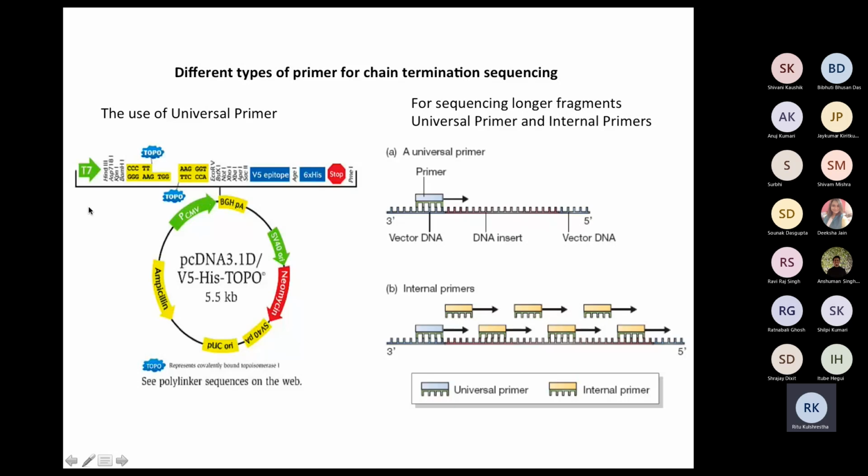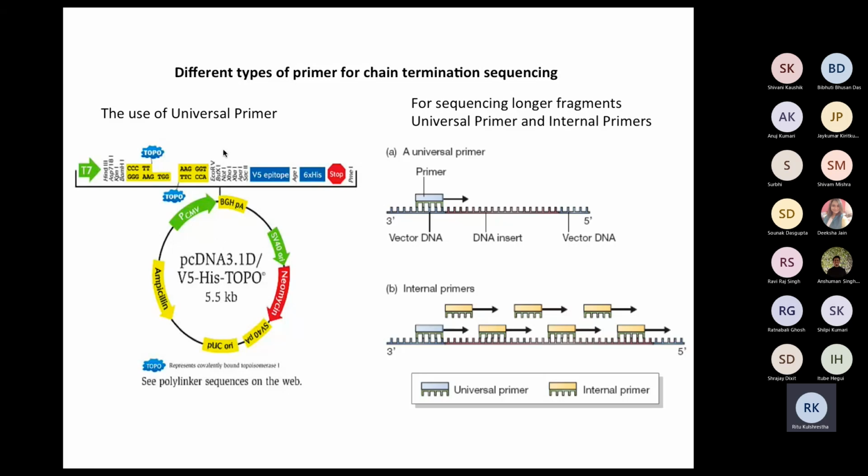No. So in all of these vectors, there is a certain region. Let's say in this, a T7 primer region is given, against which all the companies would have a primer. So they already have a primer. So I just have to send my 10 recombinant clones to them and ask them to please sequence it using the T7 primer.